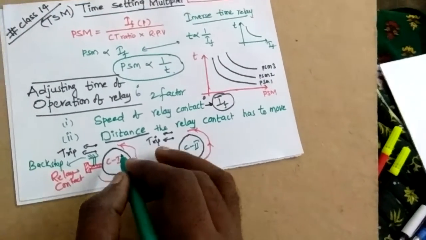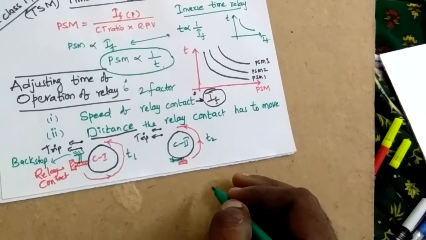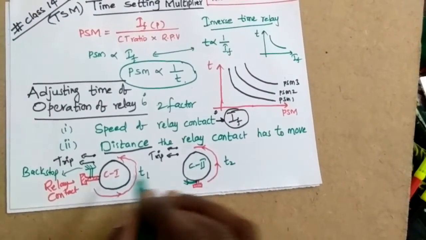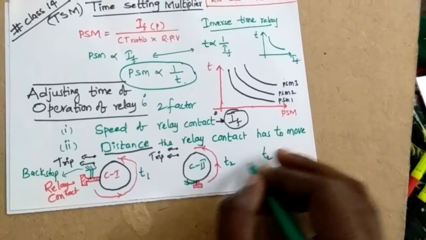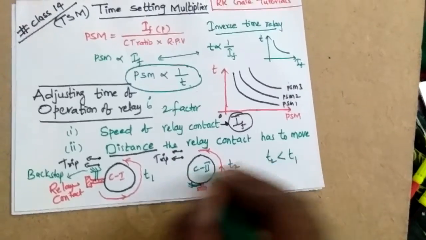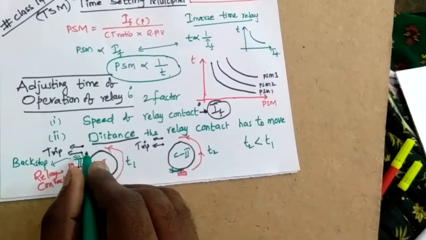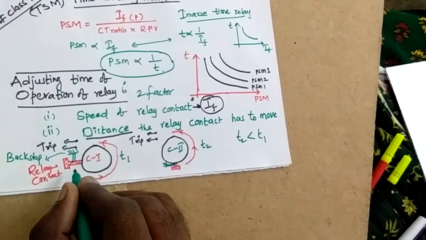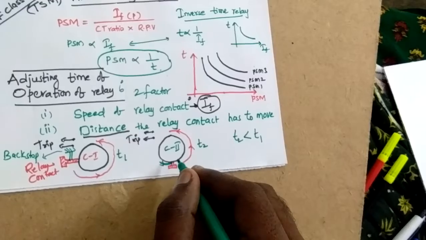Observe case 1. Here the time of operation of the relay is T1. Here the time of operation of the relay is T2 in case 2. The time of operation of the second case is less than the first case, because the distance to cover in order to close the trip circuit is more in case 1, but in case 2 it is less.